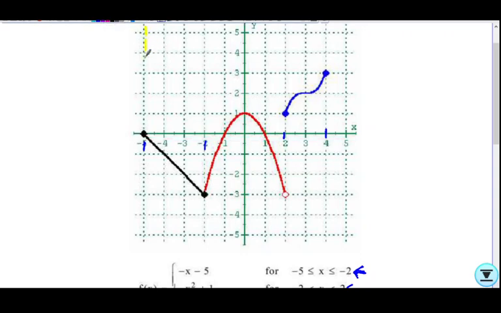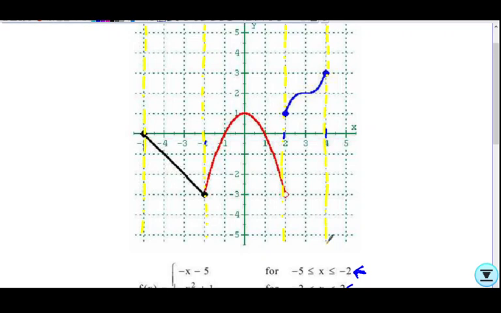So right here at -5, where my domain starts, then -2, then +2, and then +4. These symbolize where our functions are going to show up: the linear piece, the quadratic piece, and the cubic piece. Okay?